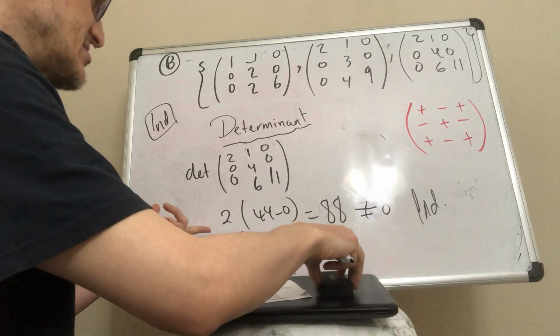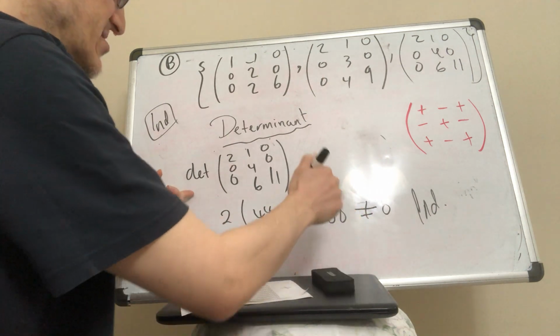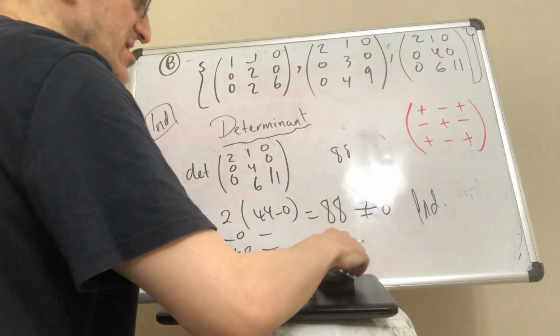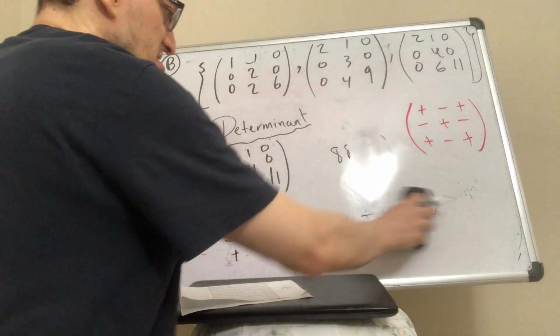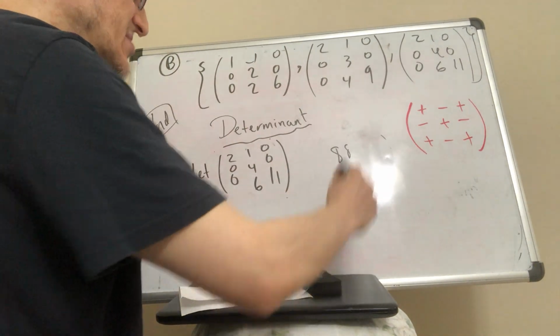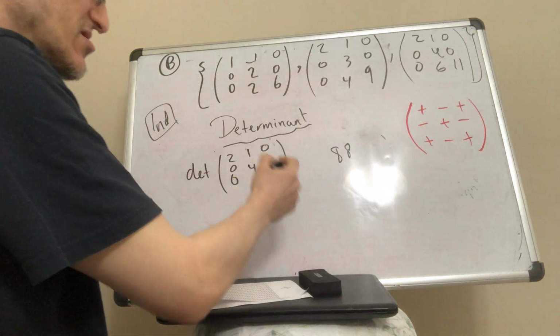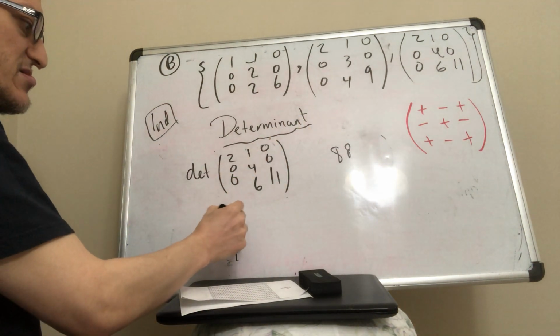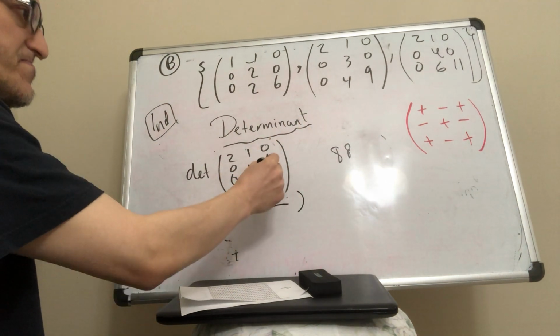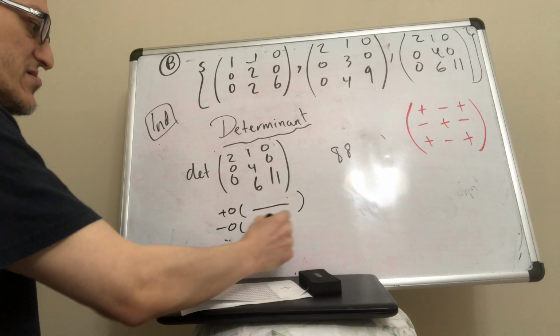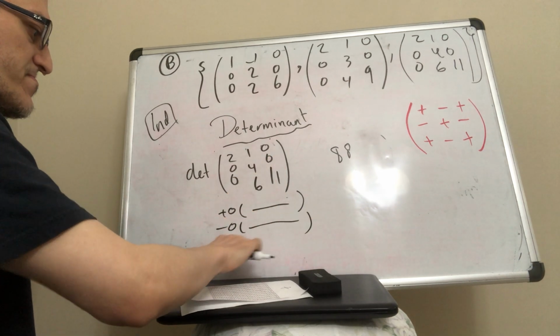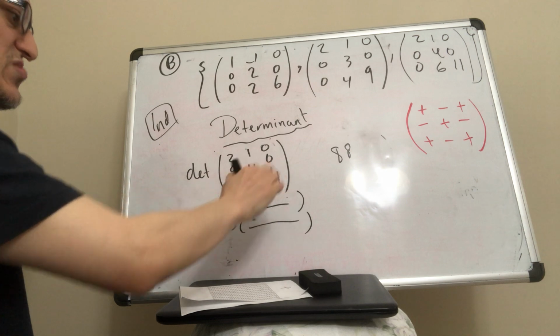Like even, let's say, we know that the determinant is 88. If someone chooses to do it in a different way, choosing this column, it would be positive 0, doesn't matter. This one, negative 0, doesn't matter. And you go to this one, it's positive.